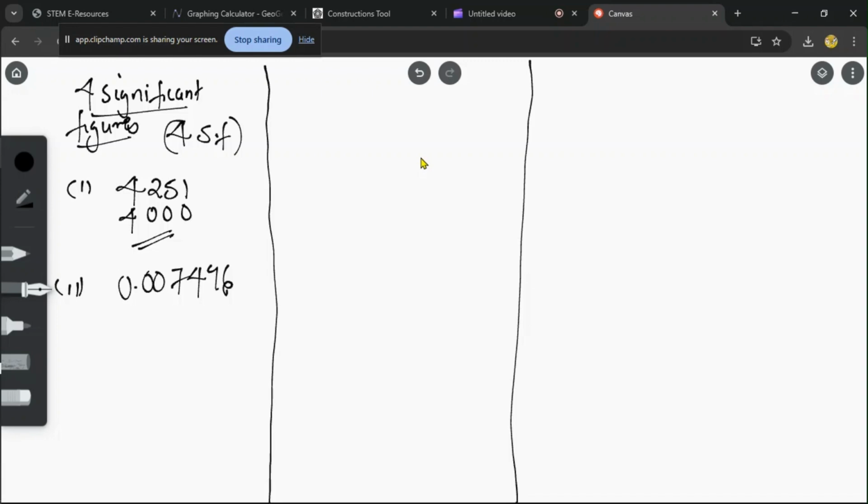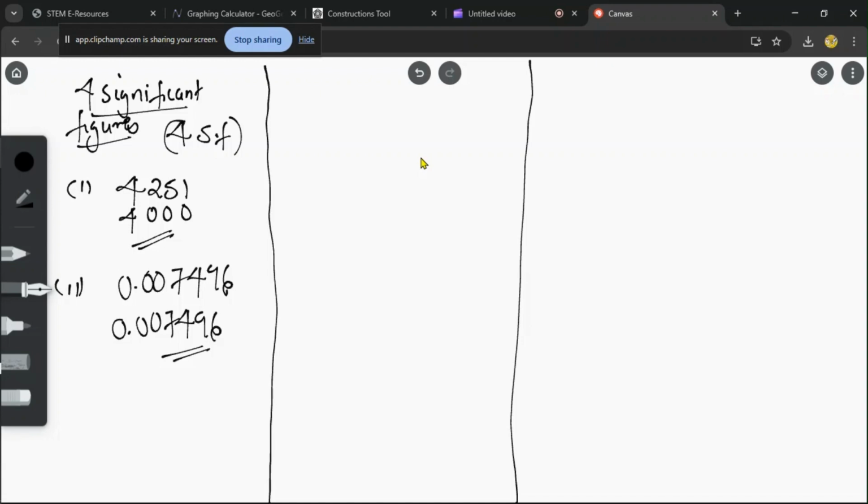None of these lie between two non-zero numbers. So I'll begin at the first significant figure. I count one, two, three, four, and do not have another number next. So my answer will remain the same, 0.007496. That is four significant figures.